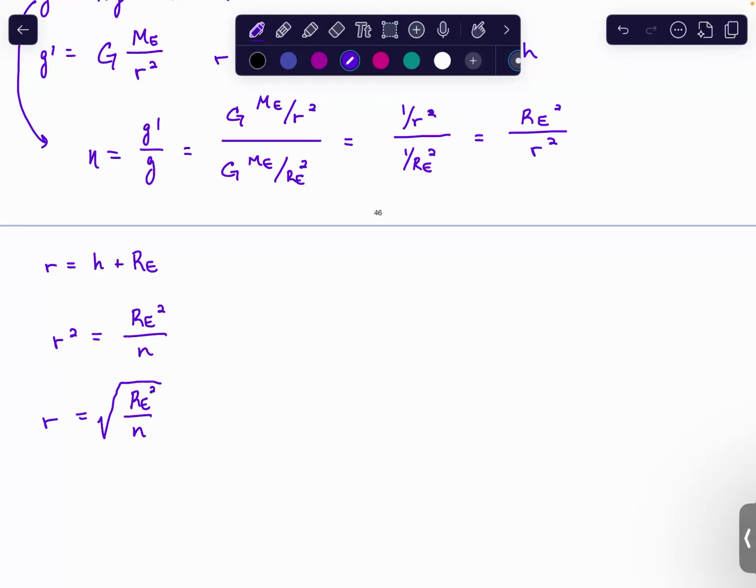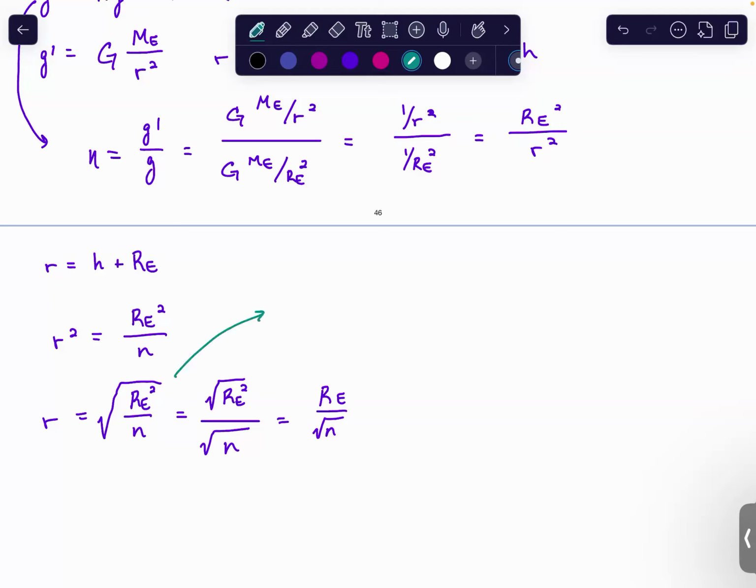Okay, now, how can we break this up? If you have a square root of the whole thing like that, we can do square root over square root, which is going to give us the radius of the Earth over the square root of n. And again, you could make more sense out of this if you're having trouble with the square root.